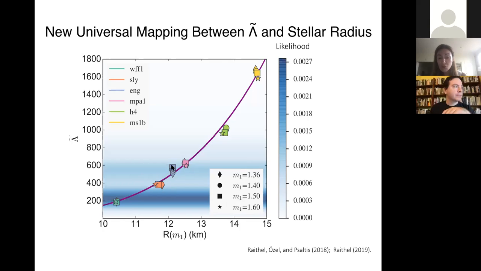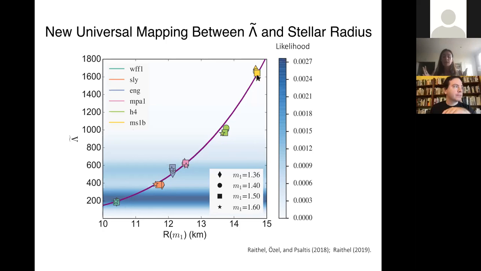Each of these symbols vary the component masses given the chirp mass between 1.36 and 1.60. And as you can see, there is a huge difference when you change the neutron star radius with these different equations of state. But there is a very, very small difference if you change the mass.